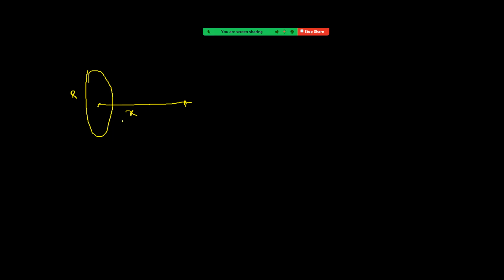Now see here what happens. Let us take one element on the ring, with mass equal to dm. First step, imagine a unit mass at that point where we want to calculate the strength of the field. Now this point mass will attract this unit mass, and that will be along the line joining them.